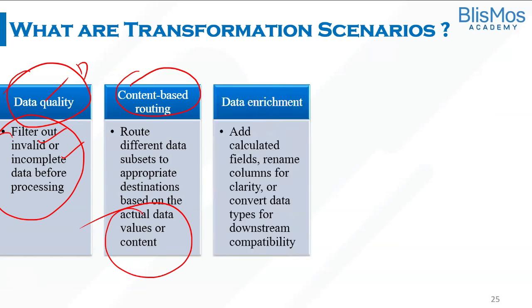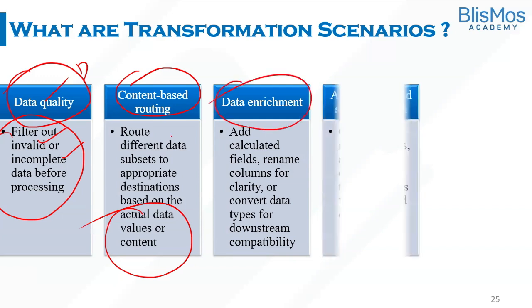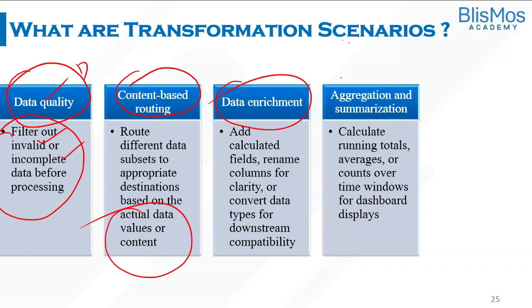Then we have data enrichment, which we have already discussed. We add calculated fields, rename the columns, and convert the data type for stream compatibility. All those things you do as a part of data enrichment. And you have aggregation and summarization, like taking the averages, the mean, the median, the standard deviation.